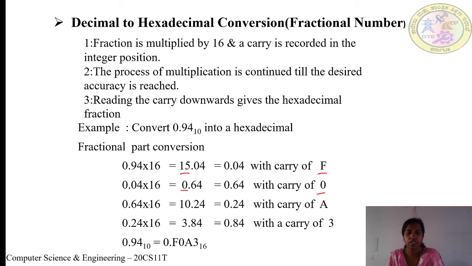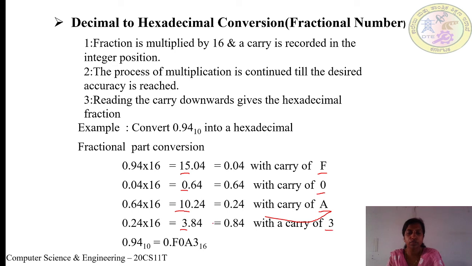Next, take the previous value 0.64 into 16 is equal to 10.24. So take the value 10 and put as a carry. It can be written as the alphabet A according to the hexadecimal notation. Next, take the value 0.24 into 16 is equal to 3.84. So take the value 3 and put as a carry.